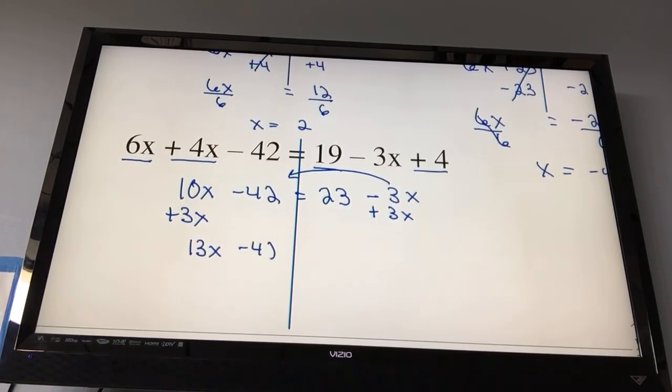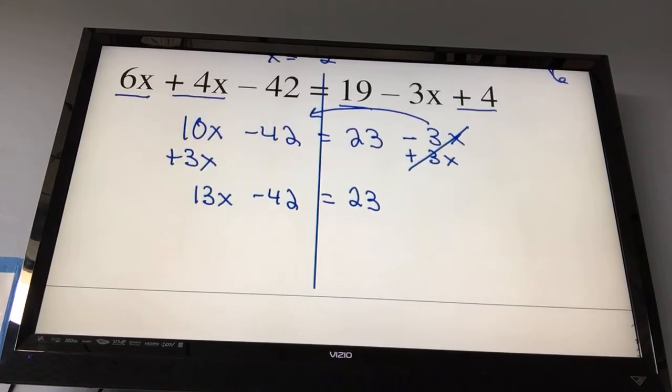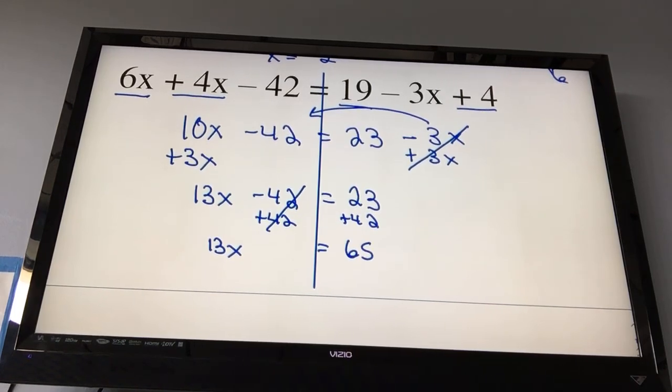Minus 42 comes down, equals 23 comes down. Positive and negative 3 give me 0. That's what we want to happen. That's why we always do the opposite sign. And then when I move my minus 42, I'm going to plus it. So 13 comes down, cancels out, equals 65.